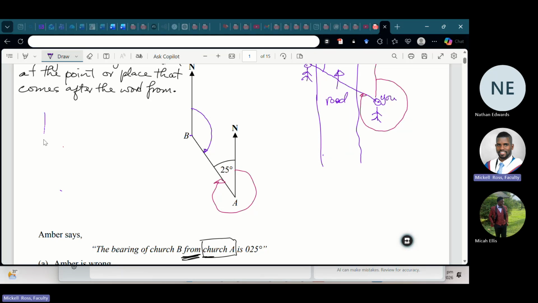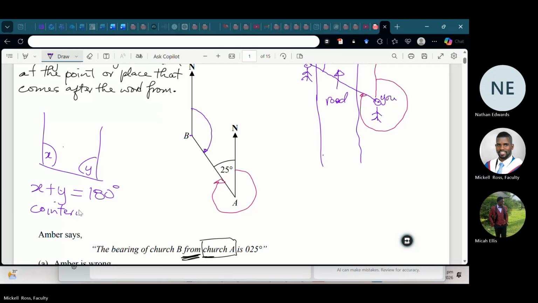Now, one of the things that we need to know about these two angles, say that this is angle X and this is angle Y. Angle X plus Y is equal to 180 degrees. They are called co-interior angles. All right, so they're equal to 180 degrees.